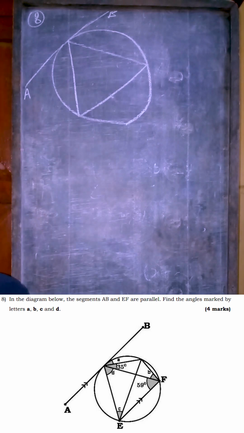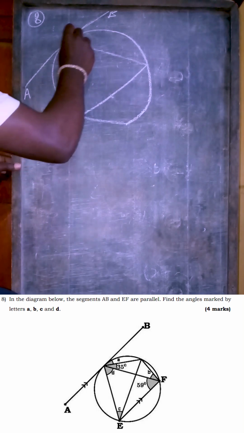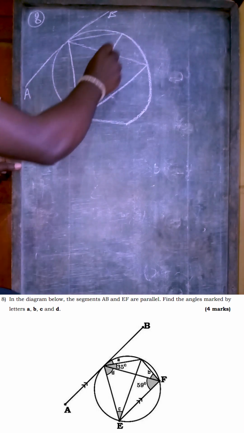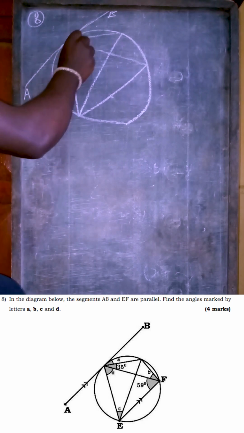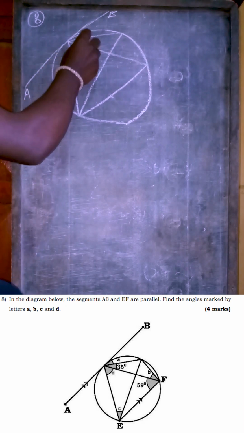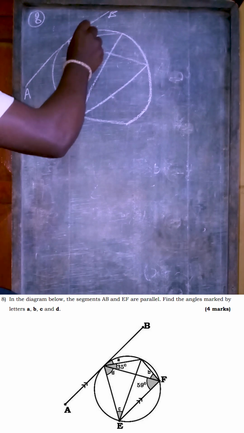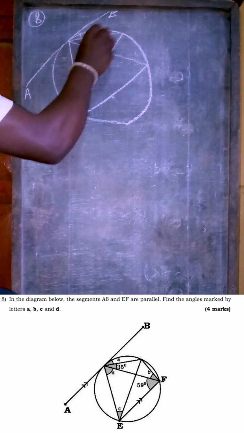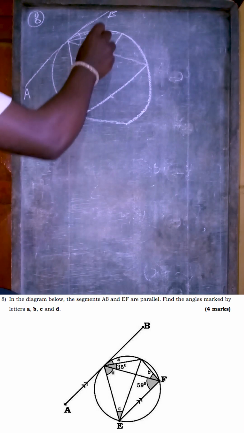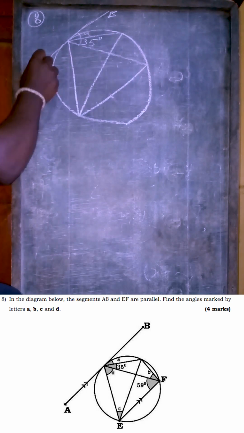It is like this, and also it has the line like this from here up to here. Then from the tangent up to here, we have A and 35 degrees.